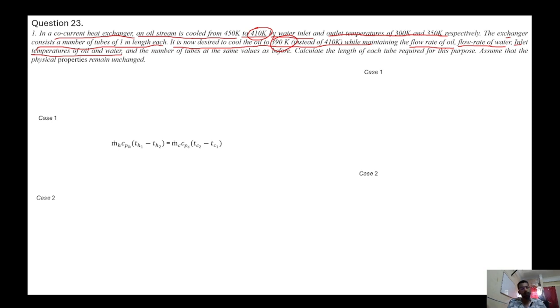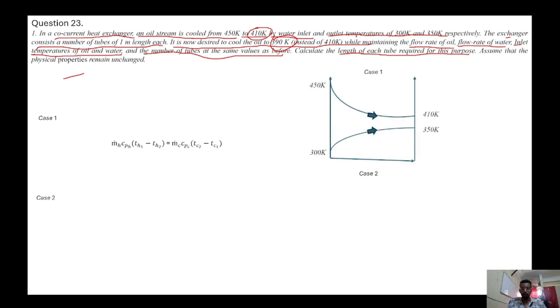That's why the temperature of the outlet will change. The number of tubes is the same as before, n. In case 1 we will assume n tubes, in case 2 we will assume n tubes, so that is same. Calculate the length of each tube required for this purpose.